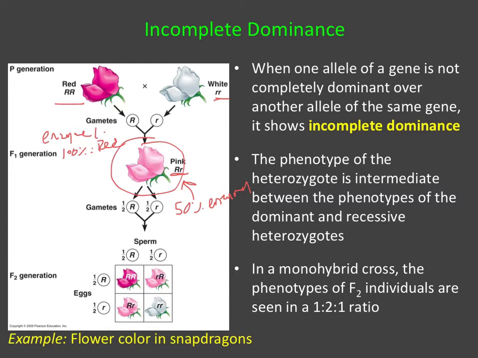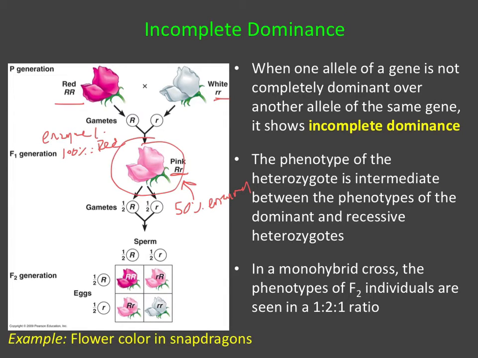It's like mixing paint: if you mix red paint and white paint together, what do you get? Pink paint. Or if you put a red sweater, like the one I was wearing today, in with a bunch of white clothes on the first wash, I might get pink clothing, because the red's not dominant. It's not going to make all my clothes red, but it's going to mix with the whites and make pink stuff.